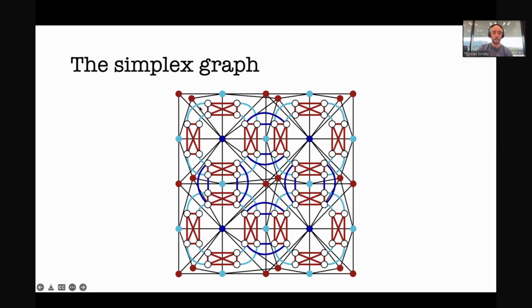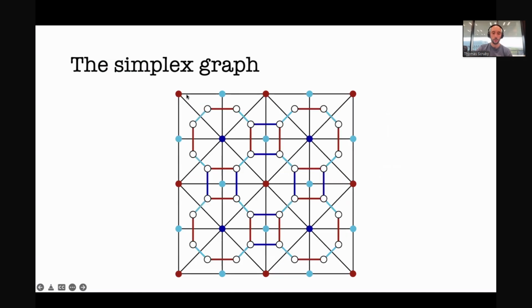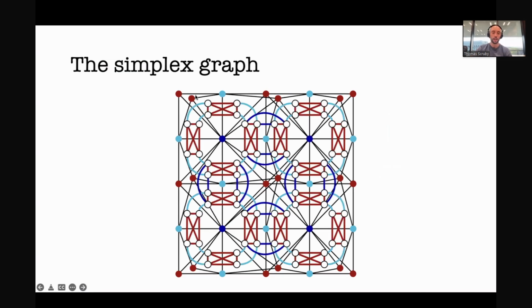So what's happened here is that before, this became one vertex, this became one vertex, and they're joined by one edge. Instead, there are 4 two simplices in this region. Each of these becomes a vertex, and then they all meet at this common one simplex.